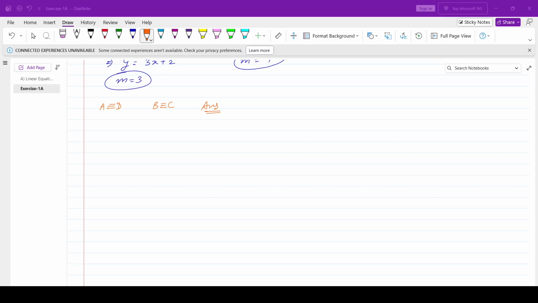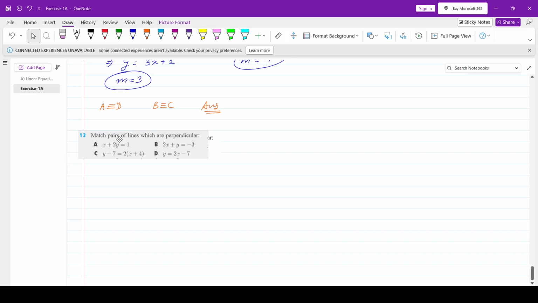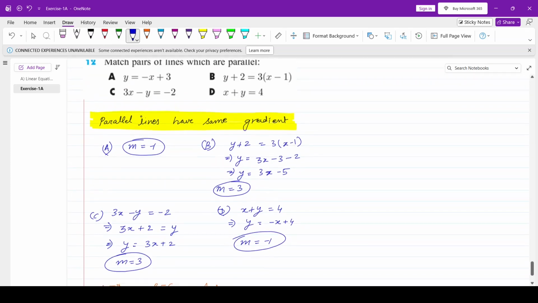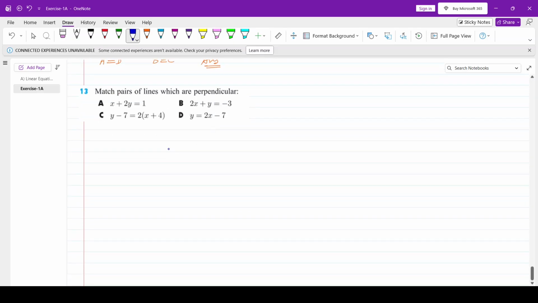Move on to question number 13. As we were supposed to find out which lines are parallel, we said parallel lines have the same gradient. Now the question is asking us to find which lines are perpendicular.